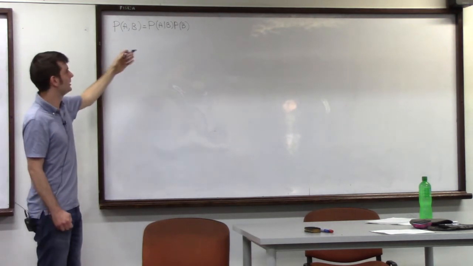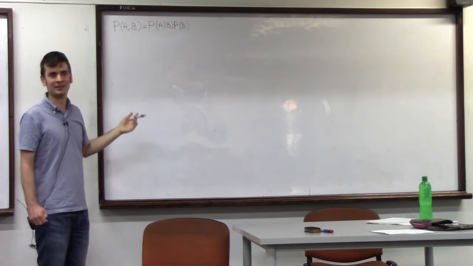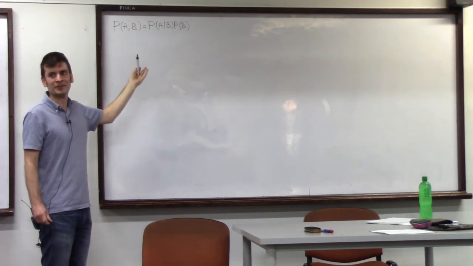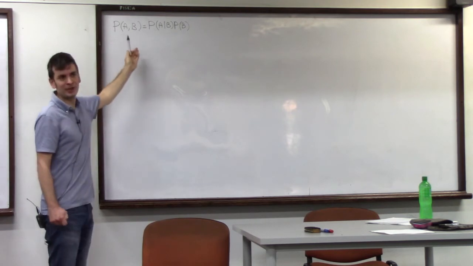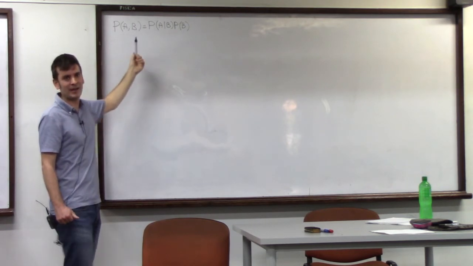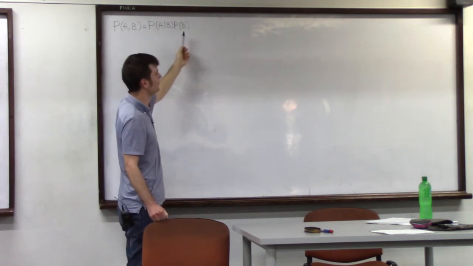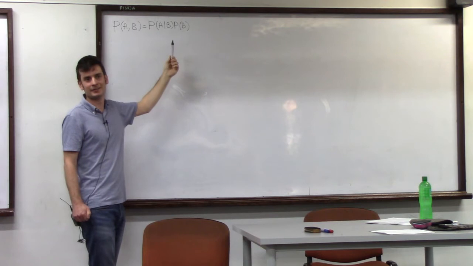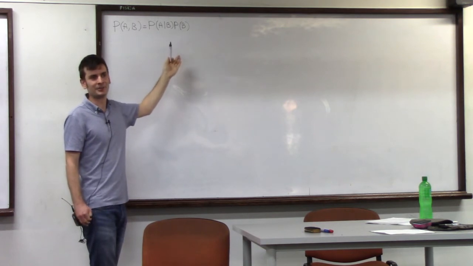This can be derived from some axioms, but I think intuitively it should make sense. If I want A and B to happen together, the probability of that happening is equal to the probability of B happening times the probability of A knowing that B happened.